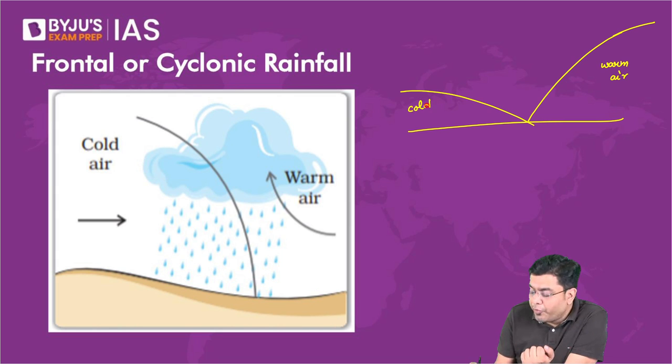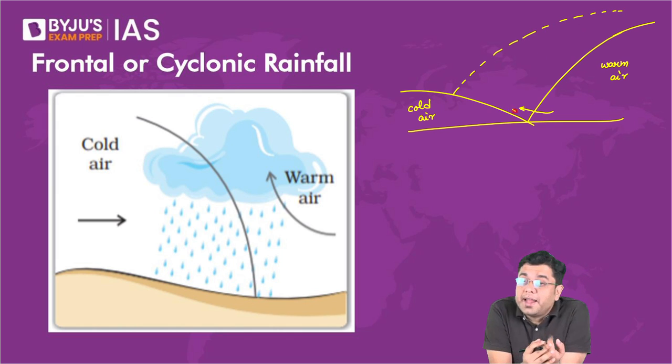So as the warm air interacts with the cold air, the warm air starts rising. Let's suppose, in this region, in this area, warm air is in contact with the cold air region. In that case, the temperature of the warm air will also reduce. So that is when it will undergo saturation.